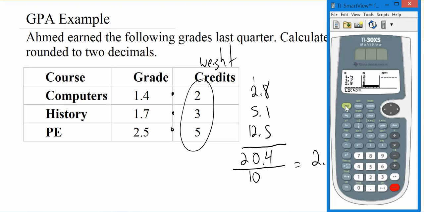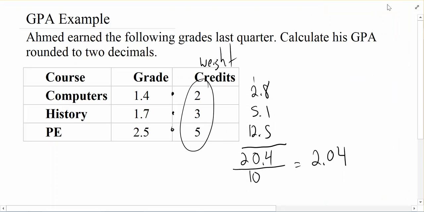And remember that we want to go to the one variable statistics, and make sure that L1 is where our data is, that was the grades, and that L2 is the frequency or the weights. And that is how we had it set up. So if we go to calculate, the X bar is 2.04, which is exactly what we got by hand.